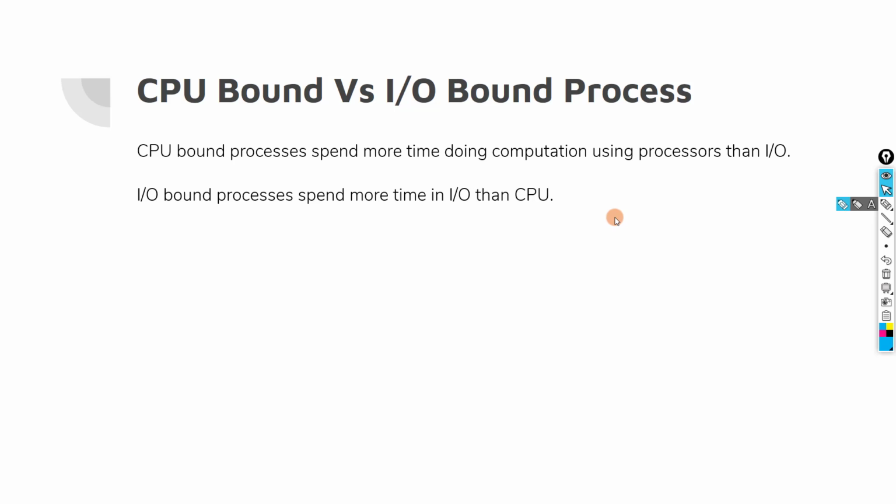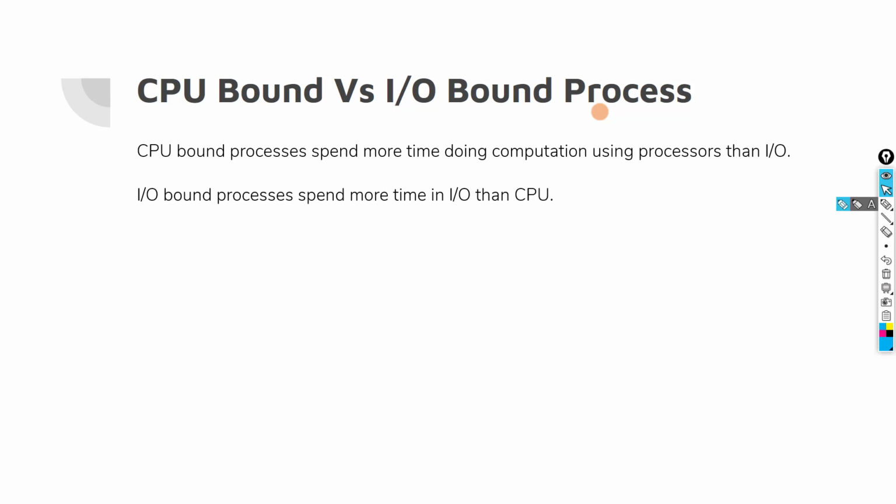We can think of an example. Say you write a calculator program. In the calculator program, you take input from the user. You take two numbers and then you print the summation, subtraction, addition, multiplication, whatever the user wants. So in this process the computation is very little.